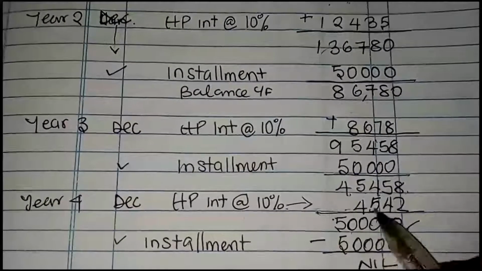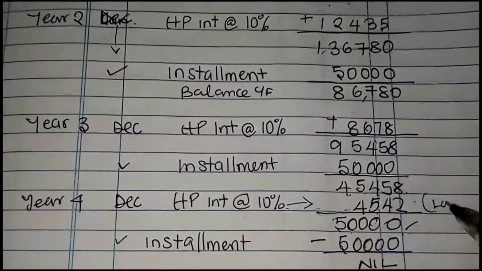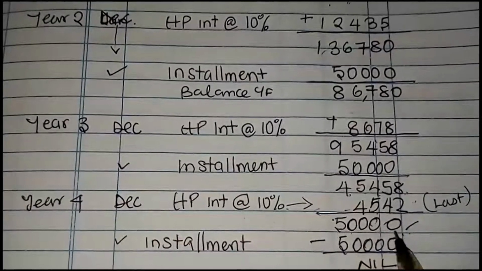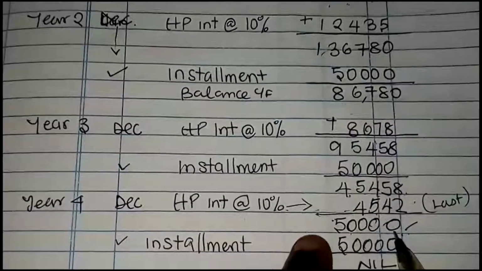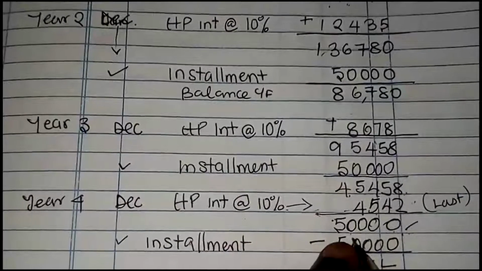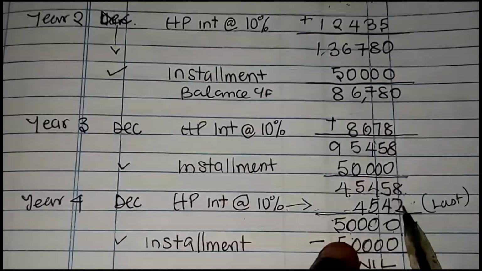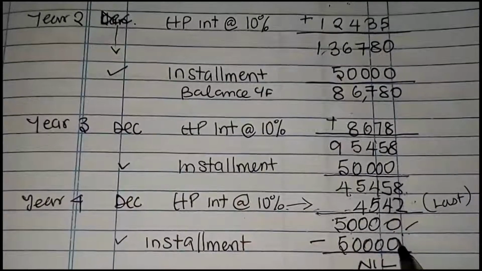So this is how to calculate the last. Don't forget the last, because you first write the installments. So you will remove the balance from the installments, okay, to ascertain the interest for that year. All right, take note of that.